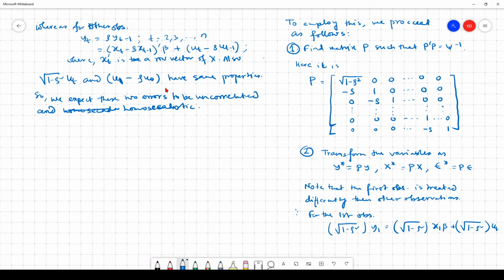If the first column of x is a vector of ones, then the first column of x star is not constant.